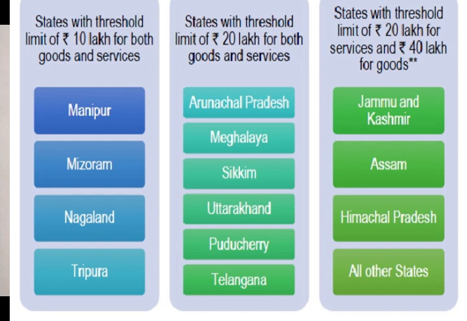So I said SAM PUT, that is Sikkim, Arunachal Pradesh, Meghalaya, Puducherry, Uttarakhand and Telangana. When it comes to the 20-40 category, it will be J&K, Assam, Himachal Pradesh and all other states.